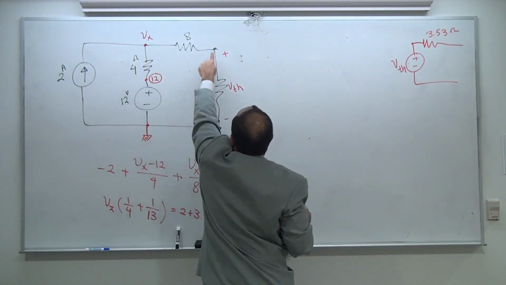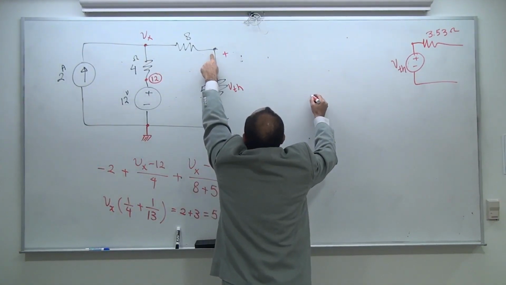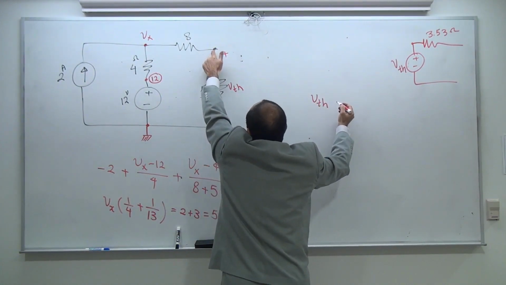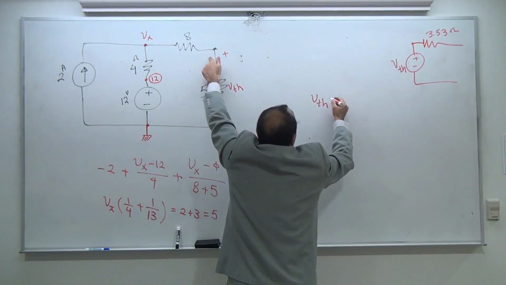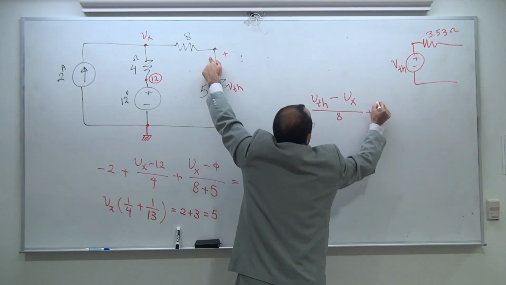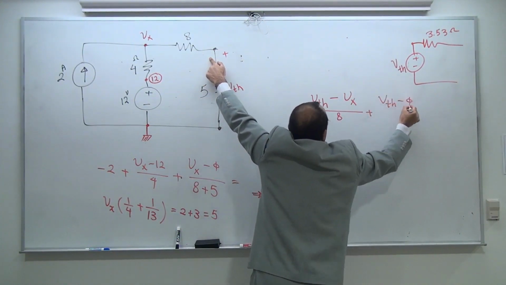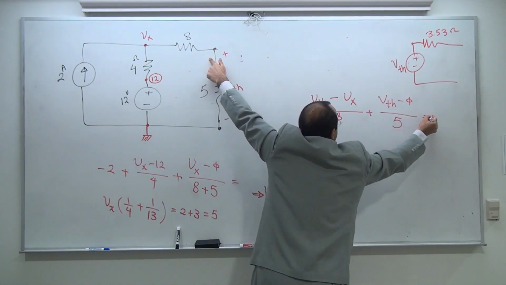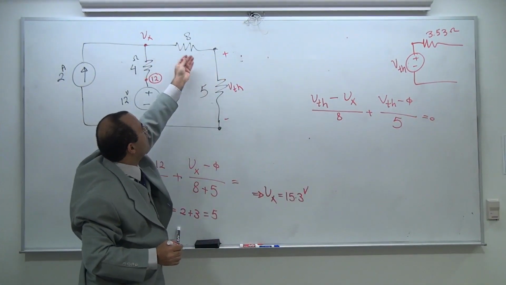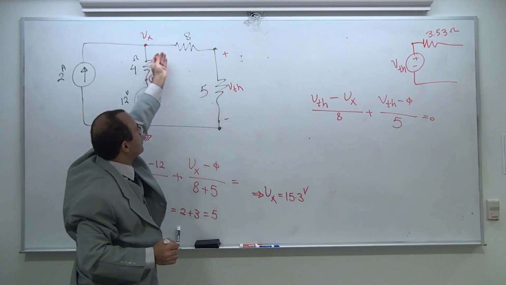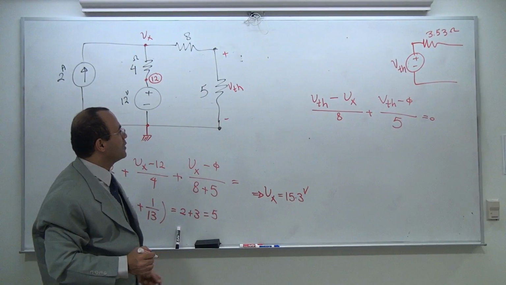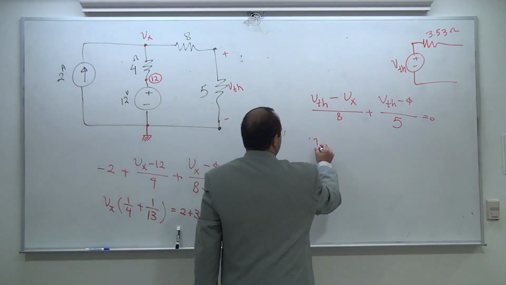If this is 0, the voltage of this node is going to be Thevenin. Thevenin minus Vx divided by 8, plus Thevenin minus 0 divided by 5, equal to 0. I'm actually doing a voltage divider. I see a voltage divider in front of me, and the voltage that is supplied to the voltage divider is 15.3. You can solve this easily.